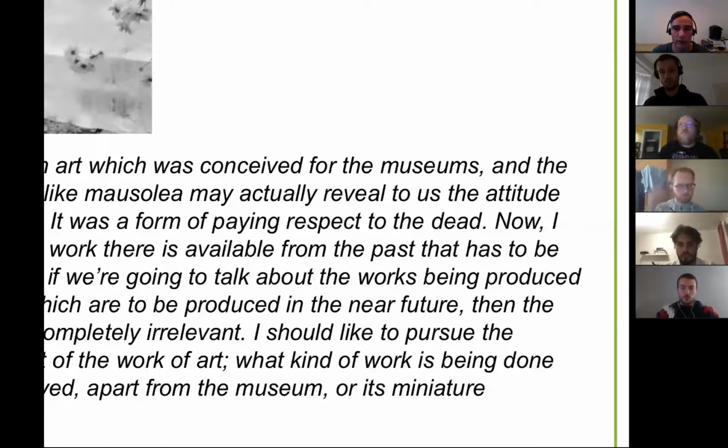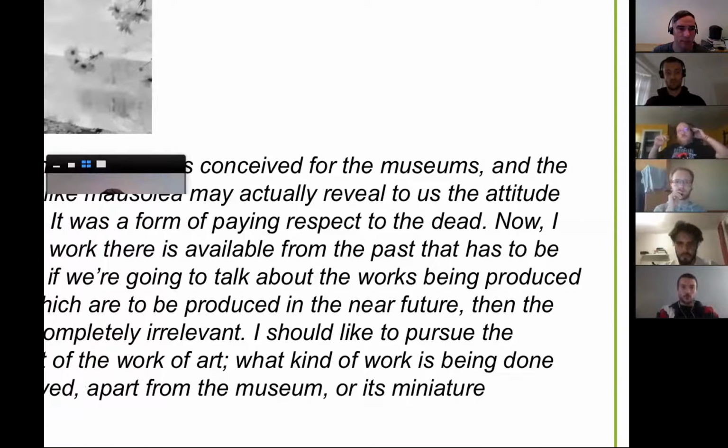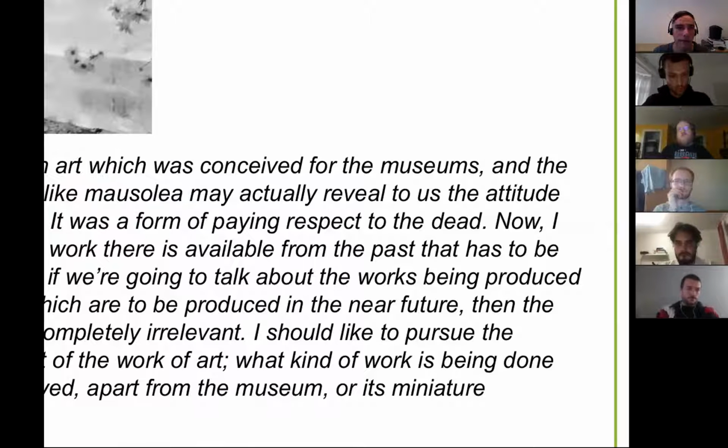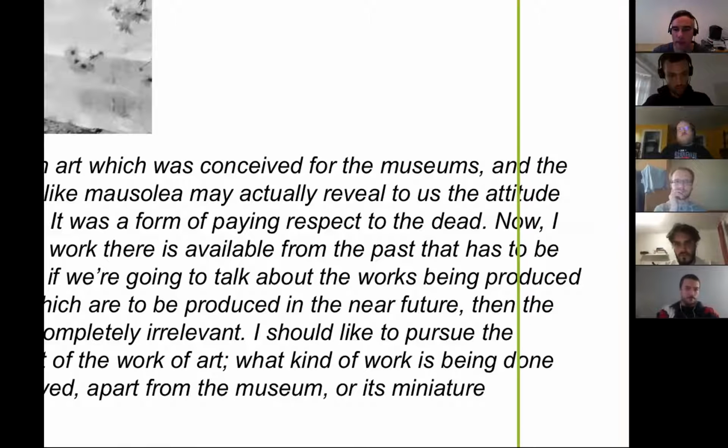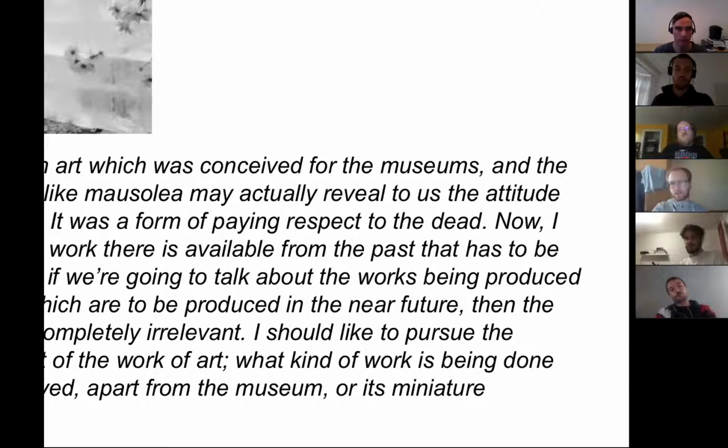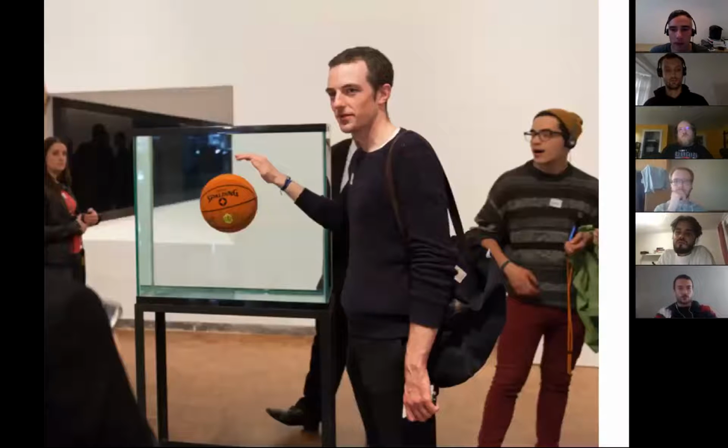I'm going to see if I can move forward as well. Can you see this as a new slide? Yeah, but the text is cropped on the left side. Oh, that's really weird. Let me see if I can expand my frame. Is that better? Not really. I think the issue is that it's a bit too zoomed in, so if you zoom out a little bit, that might help. Okay.